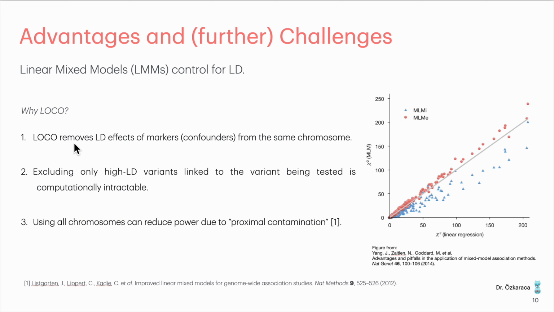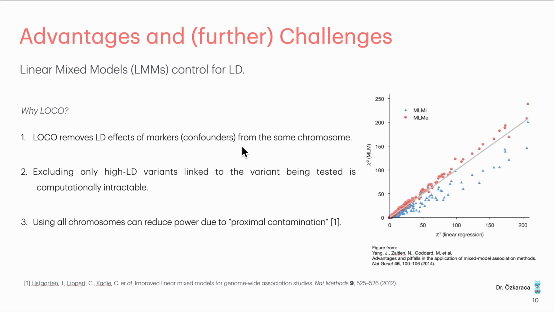So first of all, LOCO removes LD effects of markers from the same chromosome, right? So in the same chromosome, you have most of the time the high LD variants with the variant that is being tested. And the reason for that is that LD structure gets weaker as the distance between the genetic variants increases.